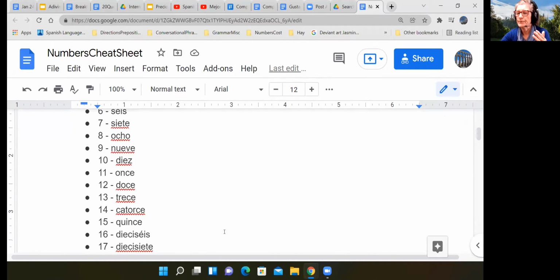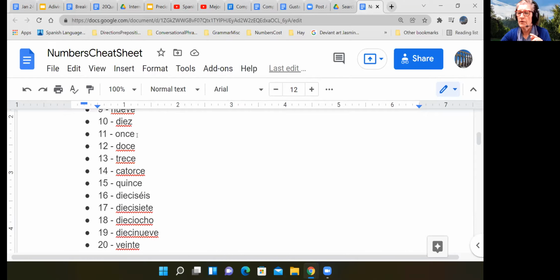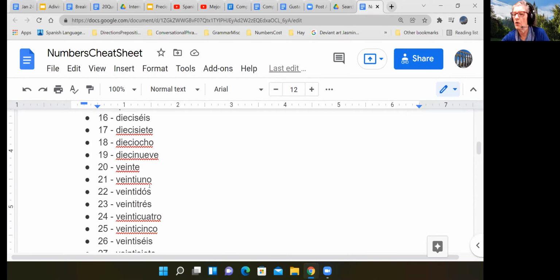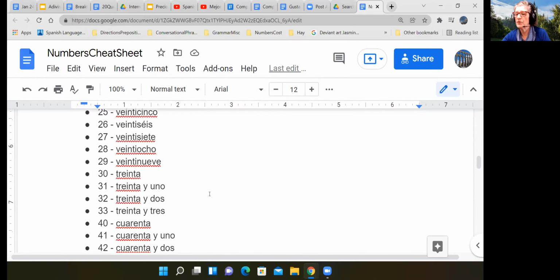And then we get our singles where we have 11, 12, 13, 14, 15. And once we get between 16 and 19, it becomes like the math problem, right? 16 to 19 becomes a math problem. So 16, 10 and 6, 17, 18, 19, and then we get to 20, right? 21, 22, 23, okay?